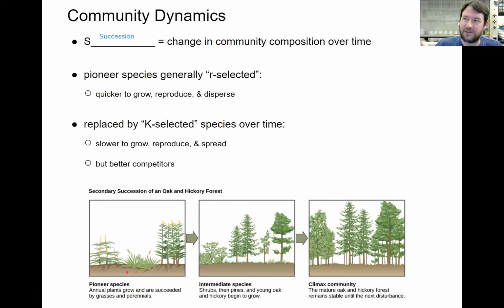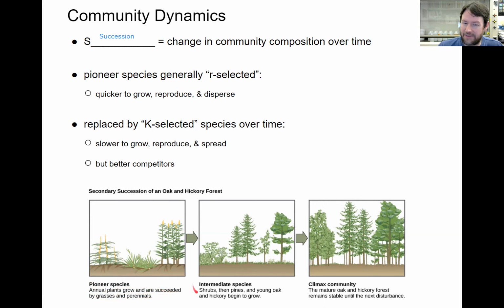And then as those species die and decay, it starts to build the soil to be a little bit better, right? And then those pioneer species are succeeded by grasses and perennial plants, ones that stick around maybe a little longer and have a little more hold on those nutrients.